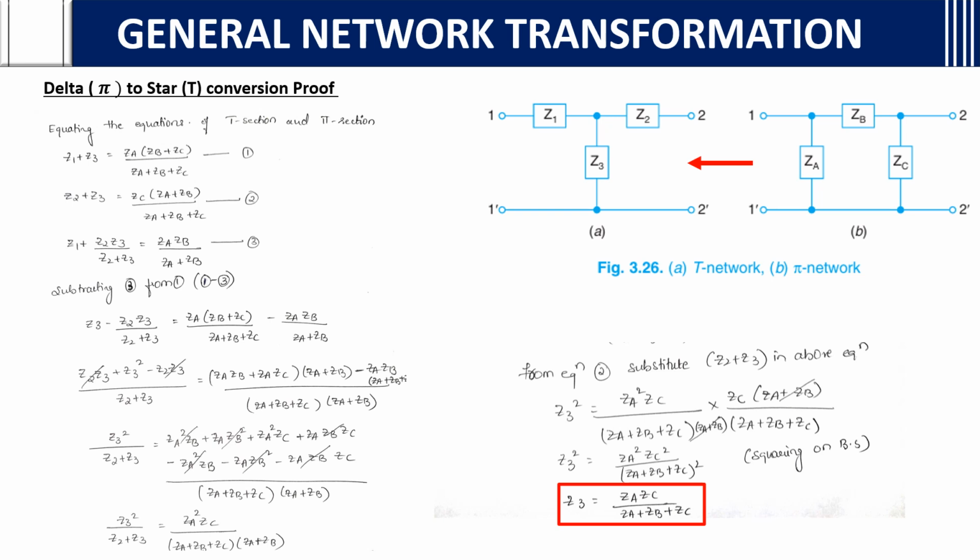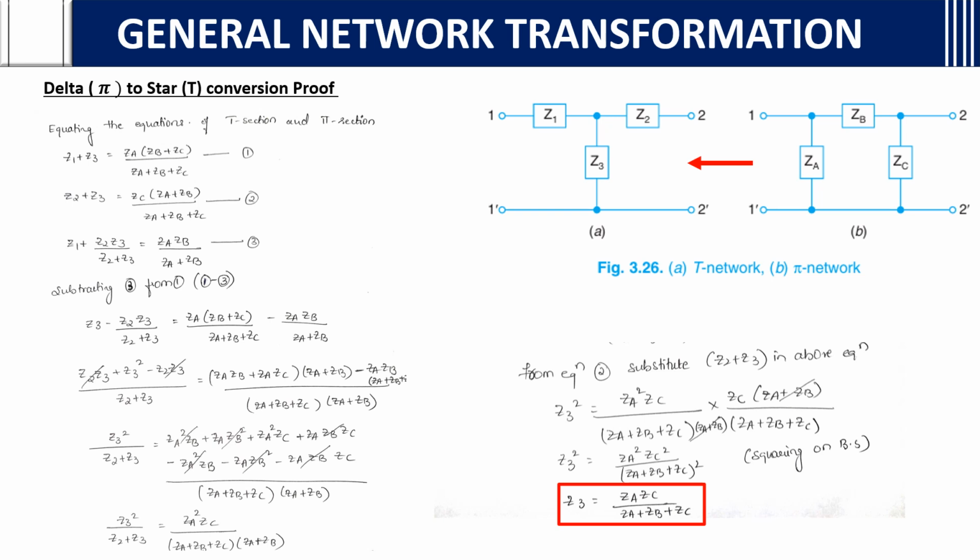See, delta to star conversion proof means from the delta network we are converting into the star network. How are we doing that? We already got these equations initially for the T section and pi section.